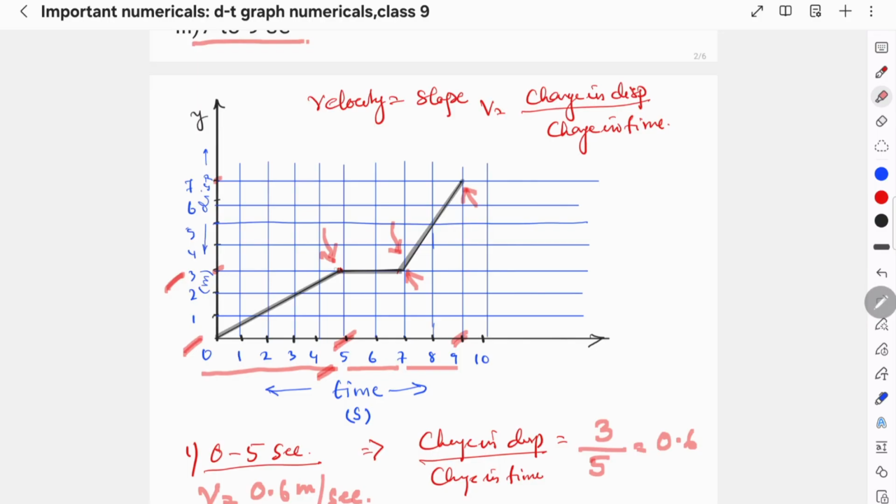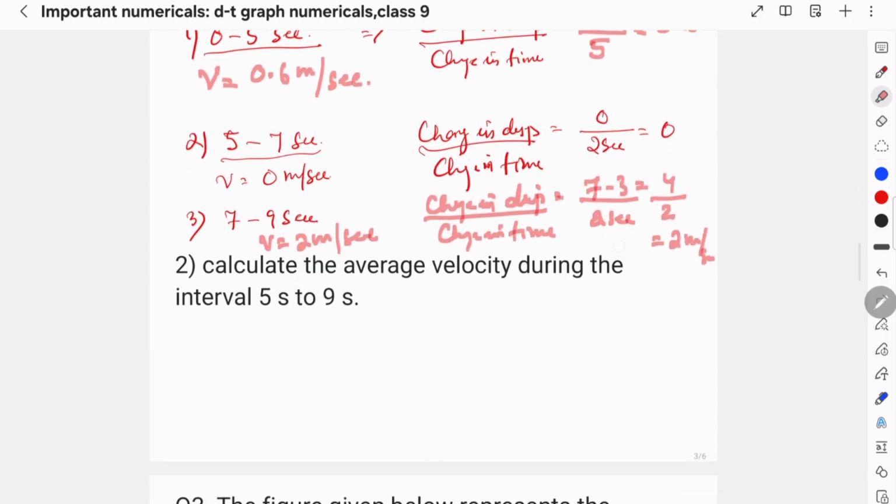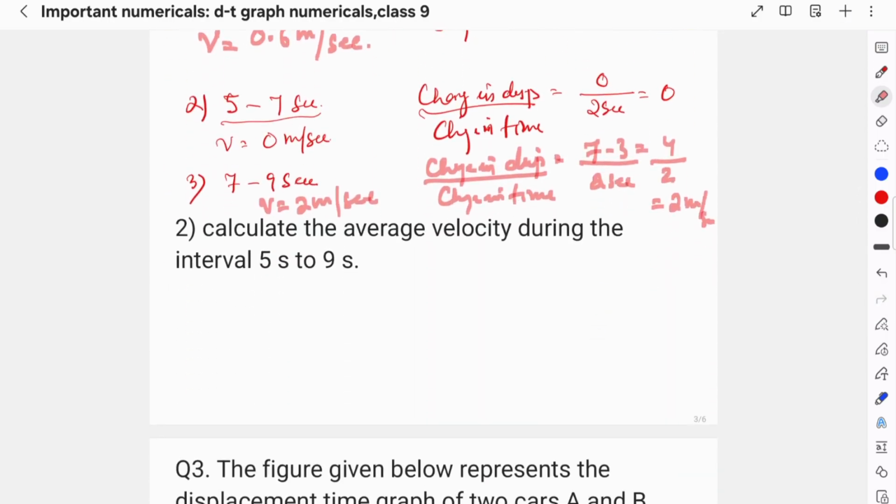It has changed from 3 to 7, so the change in displacement is 7 minus 3, that is 4 meters.